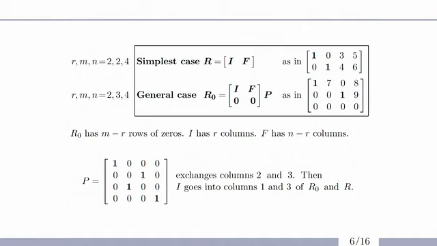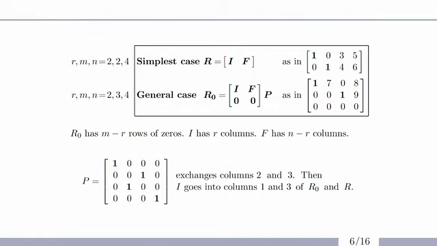So what we're looking for is the identity matrix and the non-zero matrix F. And now in that R0 case, that second example, there's a P. What is that matrix P doing there? Well, it's a permutation matrix, an exchange matrix, because the identity in this second example is not in columns 1 and 2, it's in 1 and 3. So that P has to put it there.